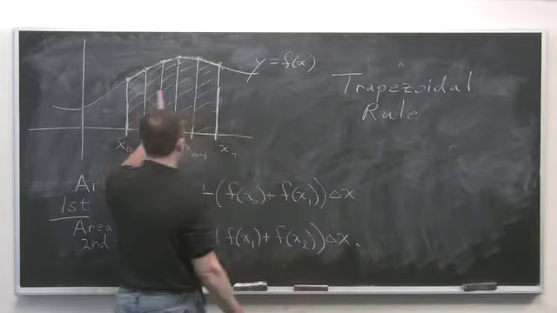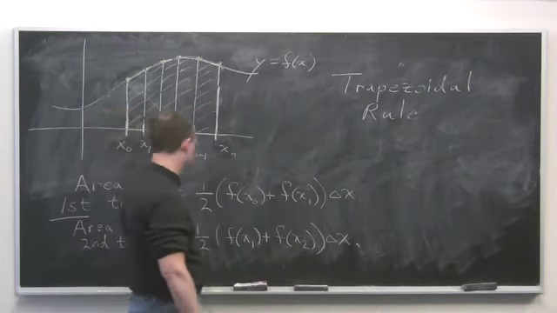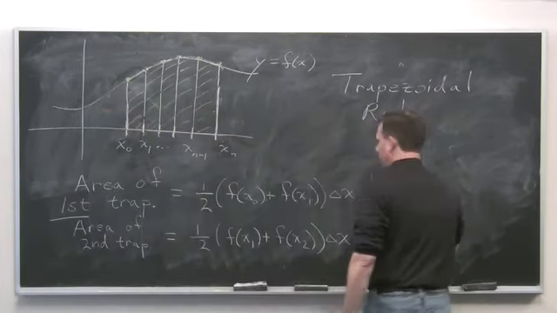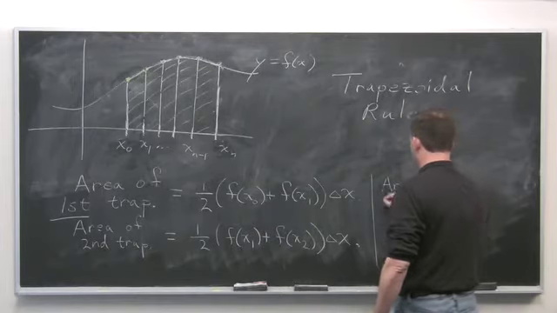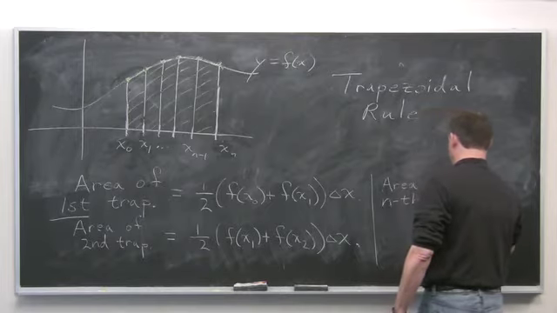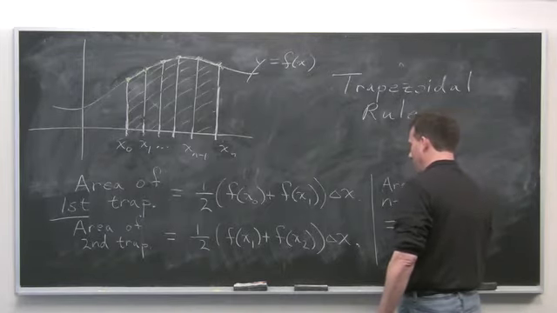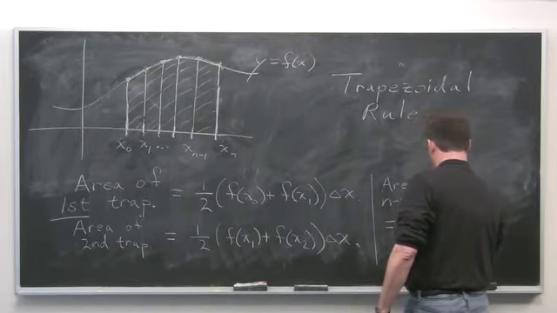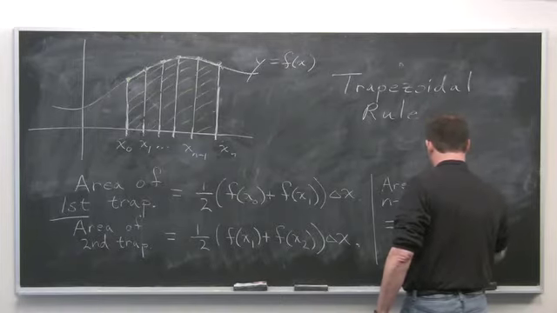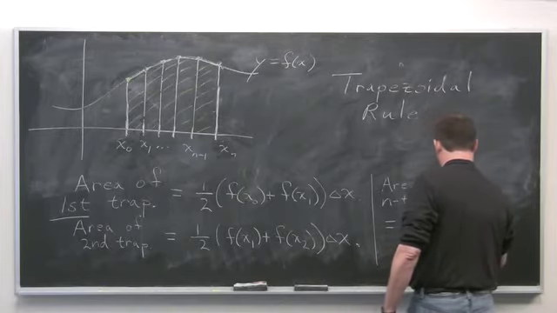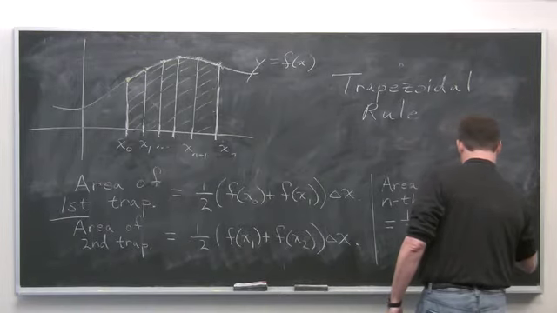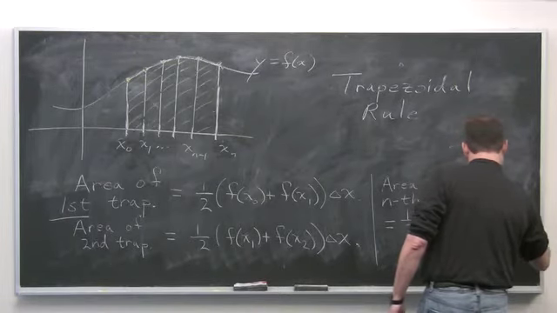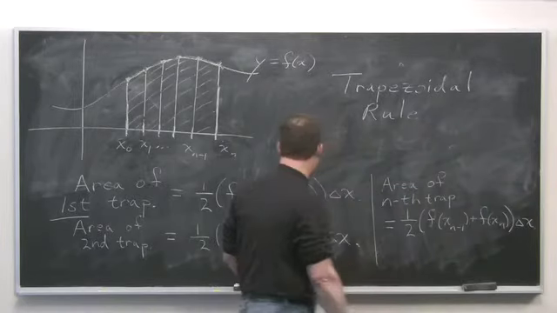And then you keep doing this for each trapezoid until you get to the nth trapezoid. And there's a reason I'm writing out all of these, or this many of them. And then you add these together.